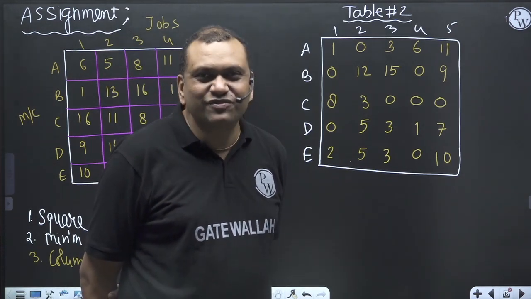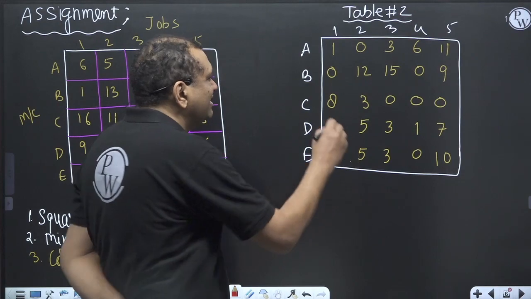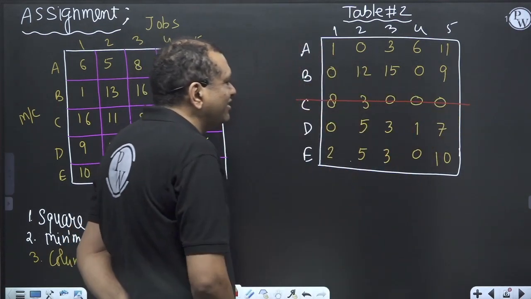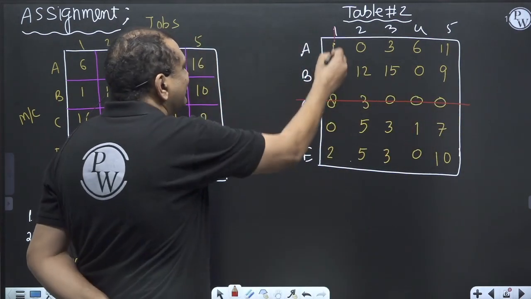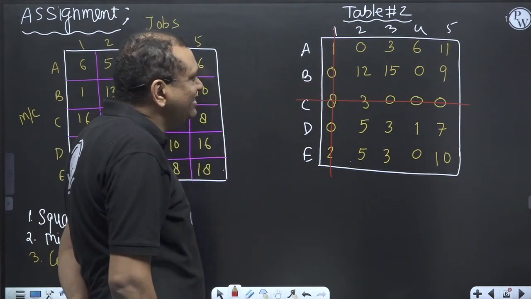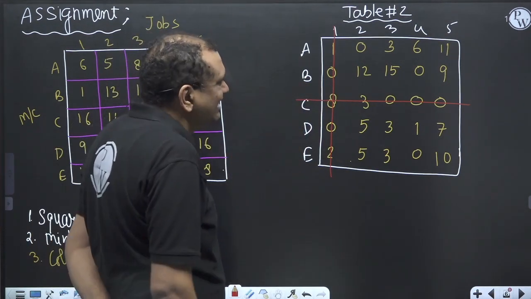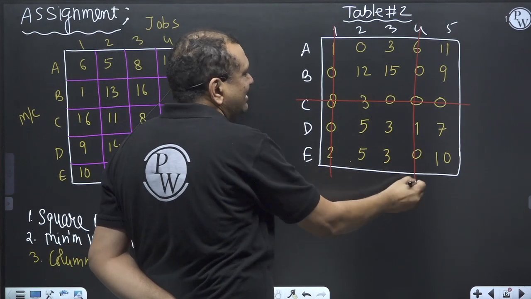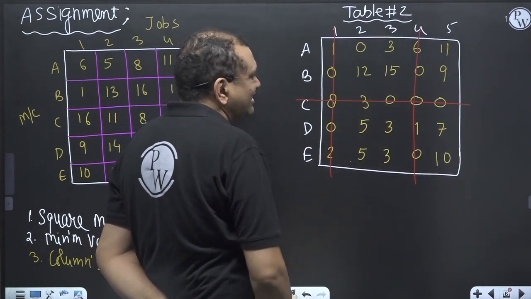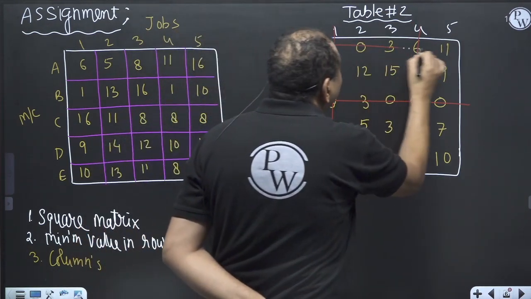Cover all the zeros with minimum number of lines. So see here, 3 zeros are covered. 2 zeros are covered. 2 more zeros are covered. This is left.